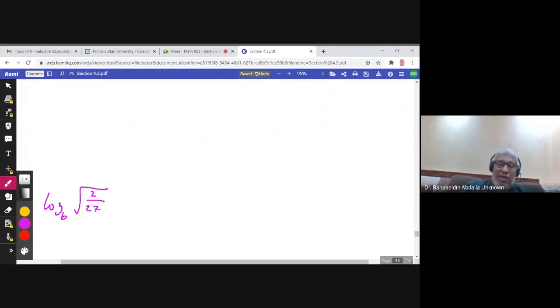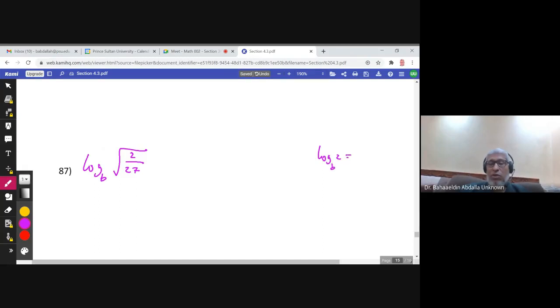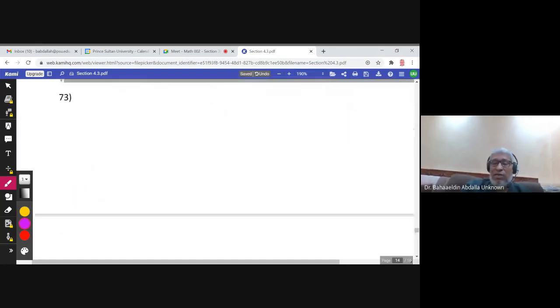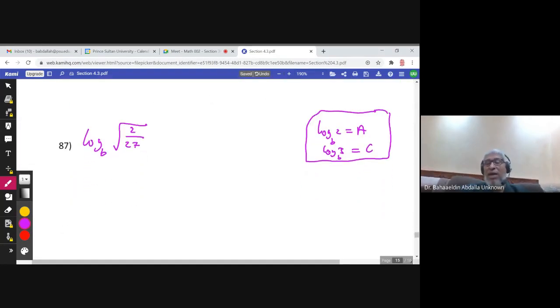Log 2 is A, so I know that log 2 is A, and log 3 is C. This is the information given in the question. Good. Now, how can I write this expression in terms of A and C? I need to write it in terms of log 2 and log 3.